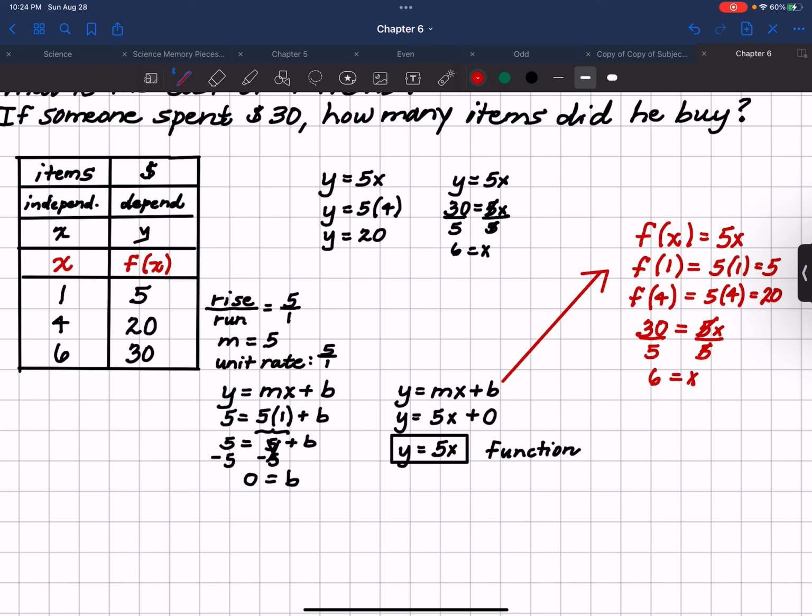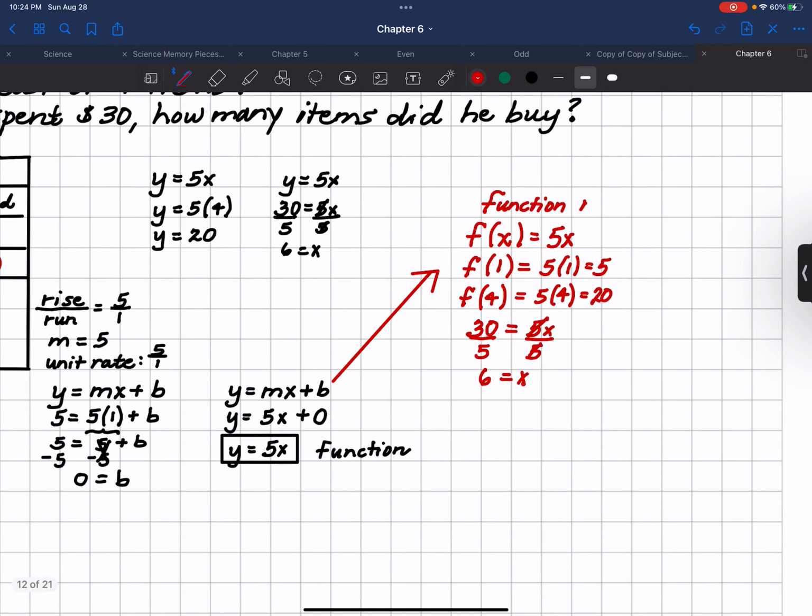It is the same math. It's just a different notation. This is in function notation, and the x's and y's are just in regular standard xy notation. So we're doing exactly the same thing.